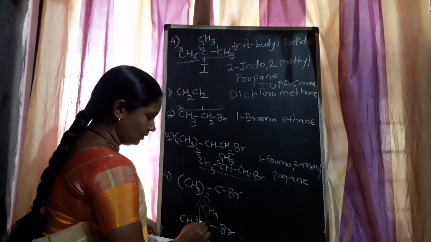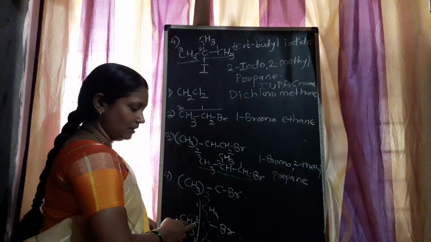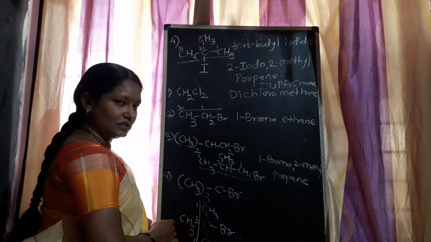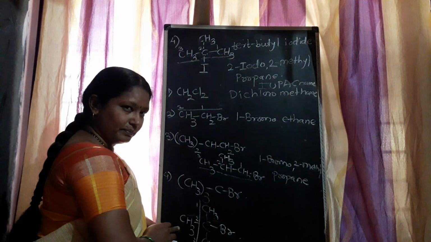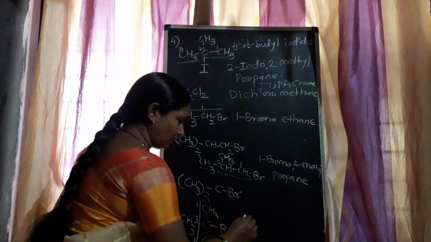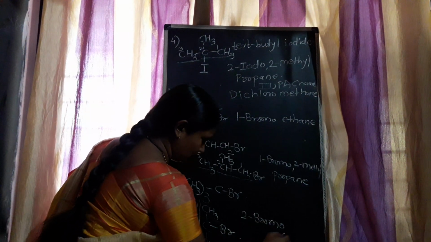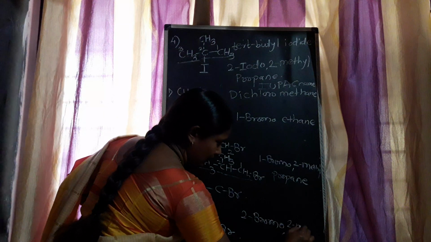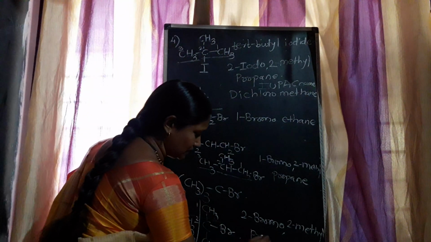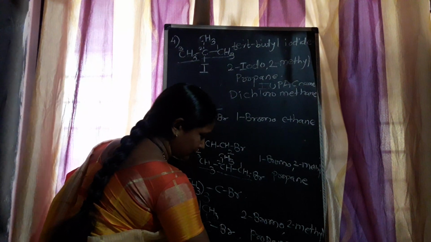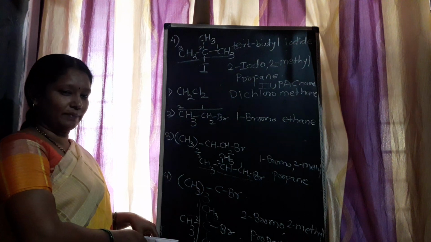Then 1, 2, 3. At second carbon atom two branches are present, one is bromine and another one is methyl. Alphabetically bromine comes first, therefore the IUPAC name: 2-bromo-2-methylpropane. Long chain, three carbon atoms are present, propane. These are some textbook examples.